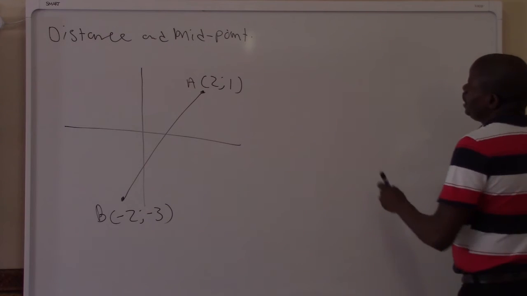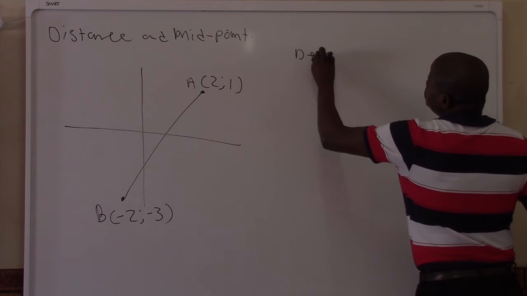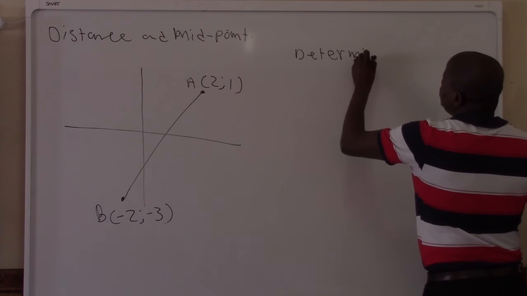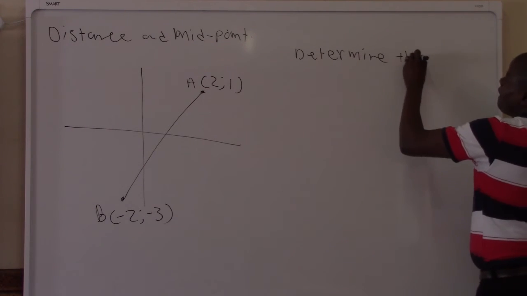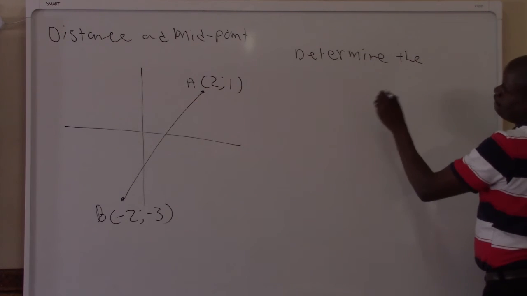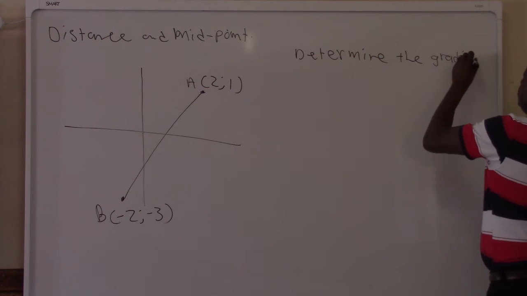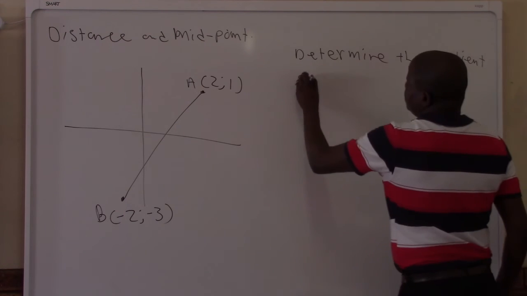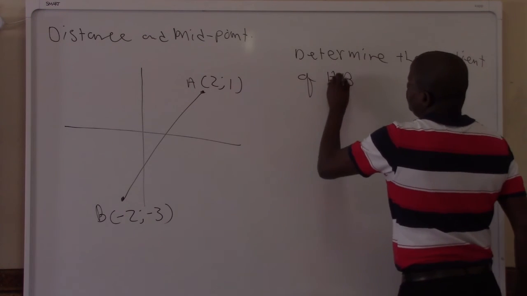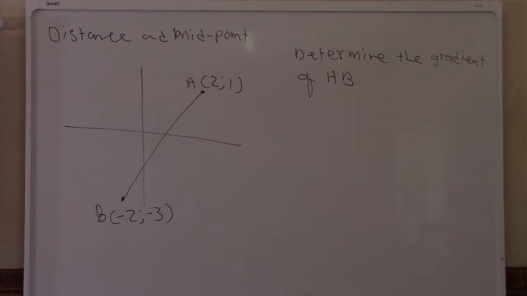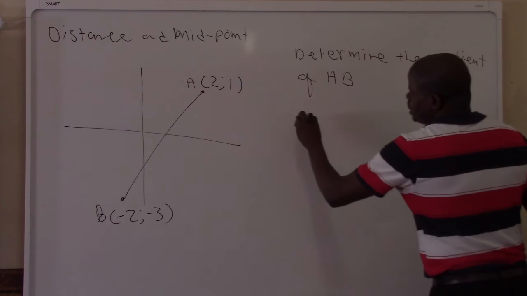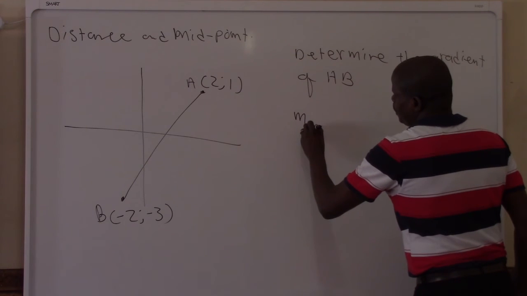So then, here, if they say to you, determine the gradient of AB. So that gradient, we say, it's a small letter m of AB.